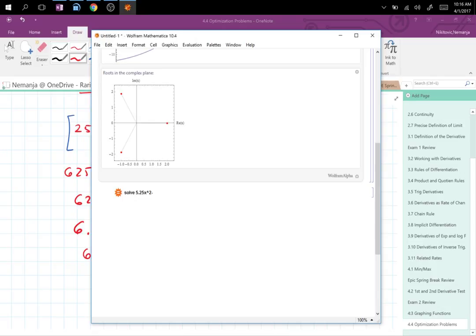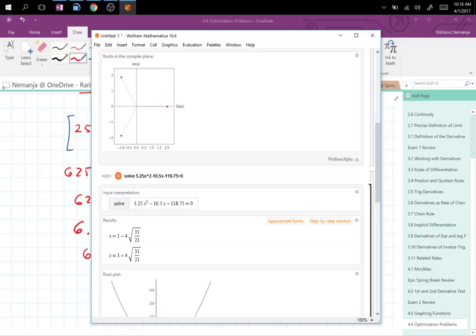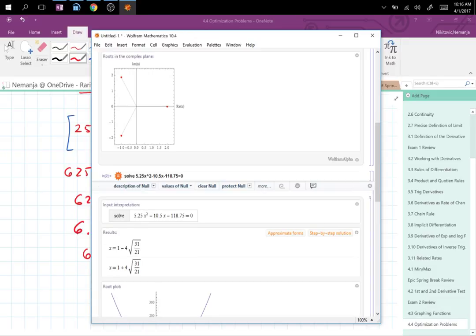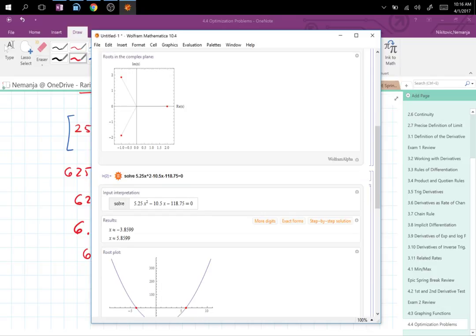So it's 525x squared minus 10.5x minus 75 equal to 0. Enter. And that will give me two values. Now observe that I'm going to use the approximate form because I want decimals.